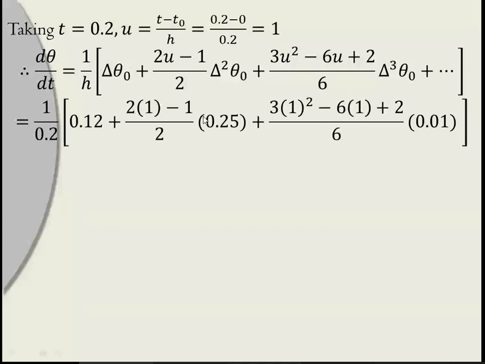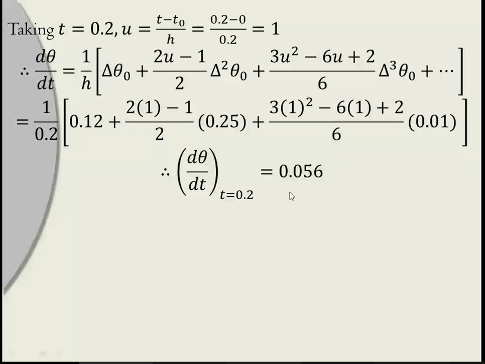It is simple substitution. The terms with delta raised to 4 and delta raised to 5 are 0, so there is no need to write further terms. Do the calculation with these three terms only. We get d theta by dt at t equal to 0.2 as 0.056.